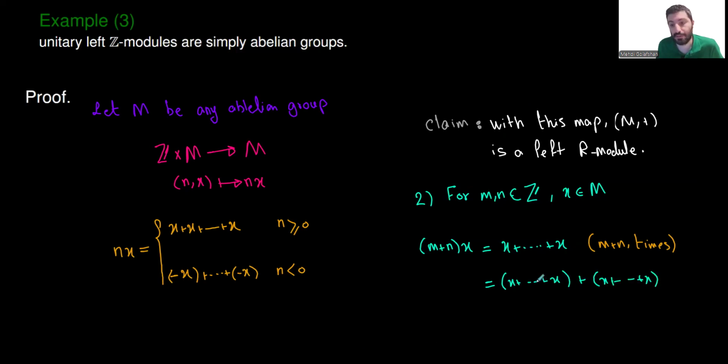For the first group it's m times, and for the second group we have n times. So generally we can say that it is m times x plus n times x, and this means that the second condition is also done. Let me work on the third condition.